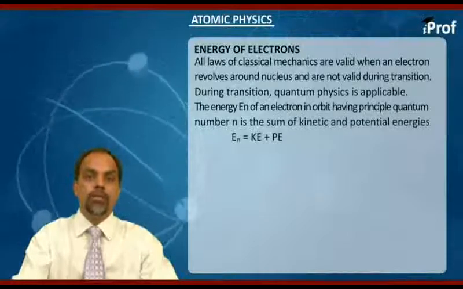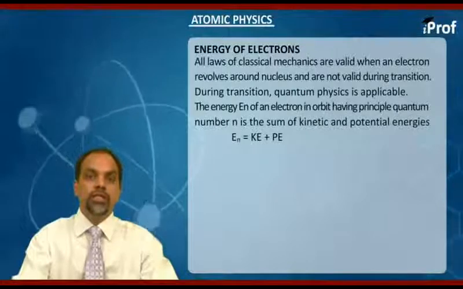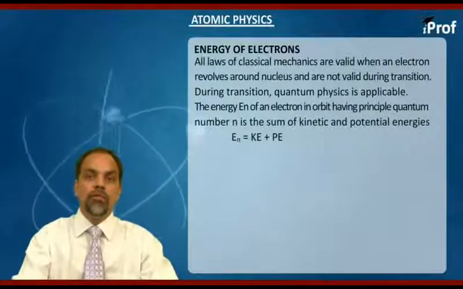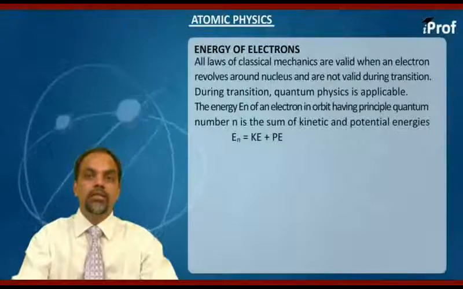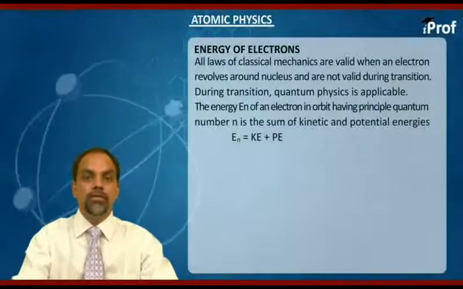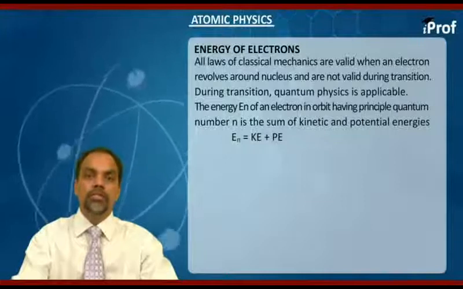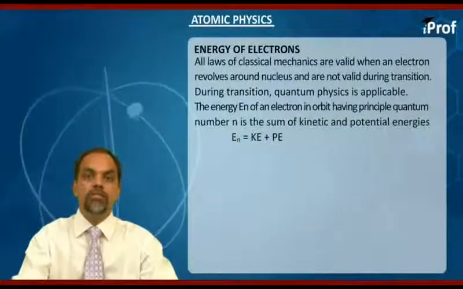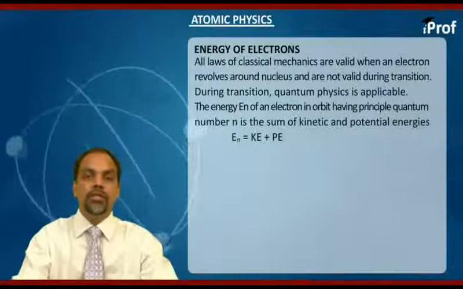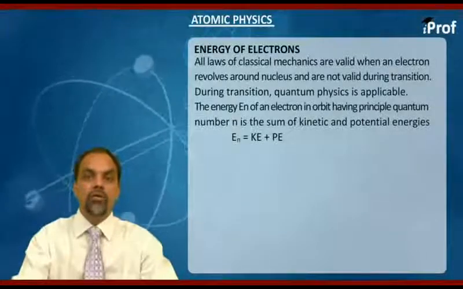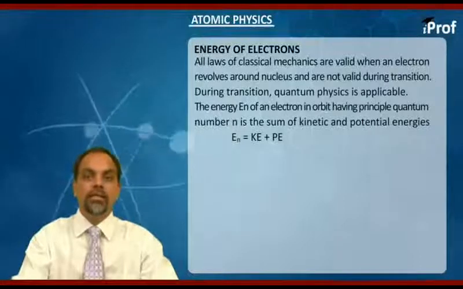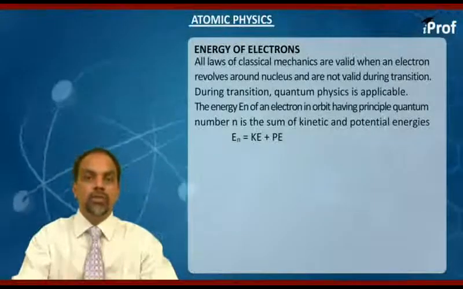While applying Bohr's atomic model to any situation, do remember that when electrons are revolving in stationary orbits, the laws of mechanics are valid. But when electrons make a transition from one energy level to another, the laws of mechanics are no longer valid. It is quantum mechanics that takes over.